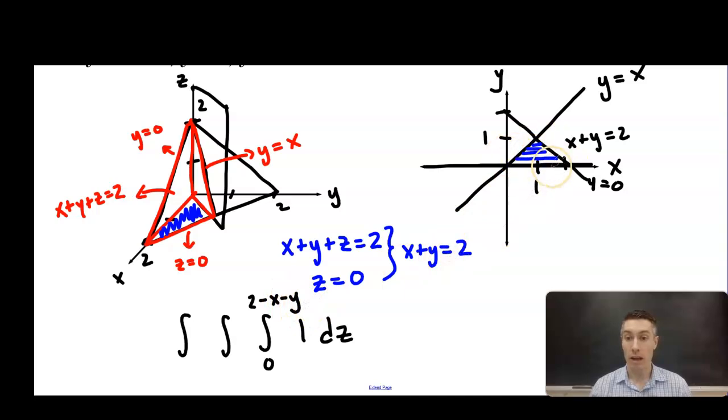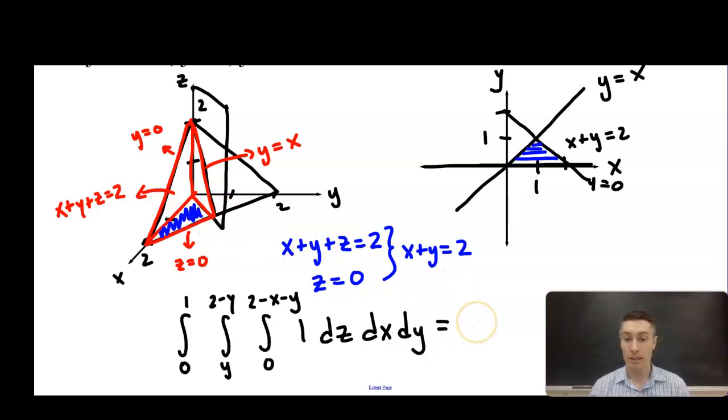And then we look at the xy plane and the shadow. So we decided dx dy was the best order of integration. So going from left to right, we're going from x equals y to x equals 2 minus y. Remember, both those need to be x equals. And then along the y-axis, we're covering from 0 to 1. So here's our triple integral that would represent the volume of this solid.